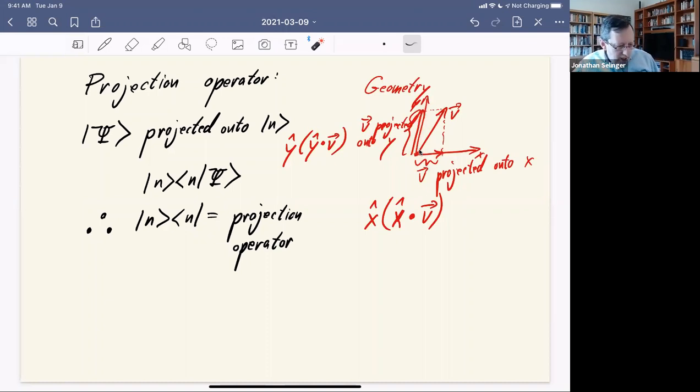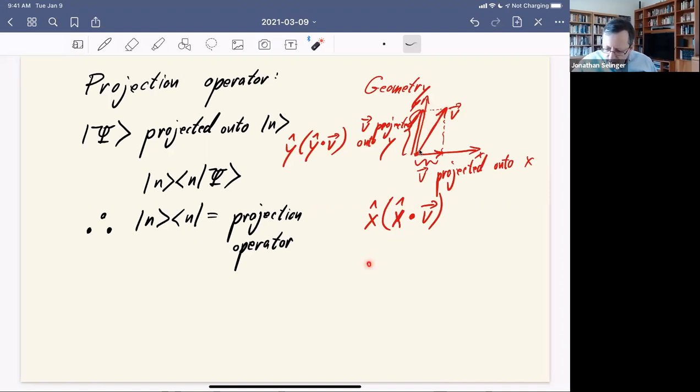One more aspect of that is something you can see in geometry. In geometry, we know that the original V is the vector sum of the X projection plus the Y projection. If it were in 3 dimensions, you would add the Z projection as well, but it brings you back to the original vector.